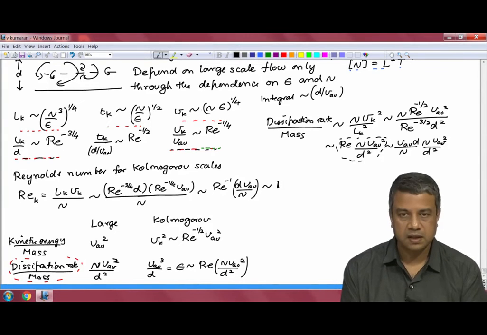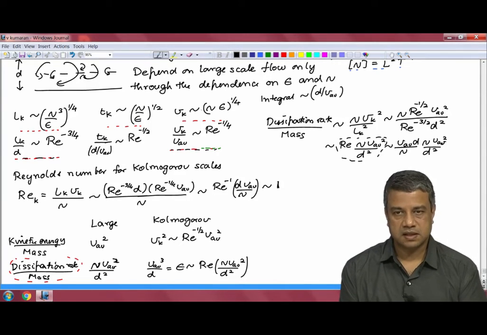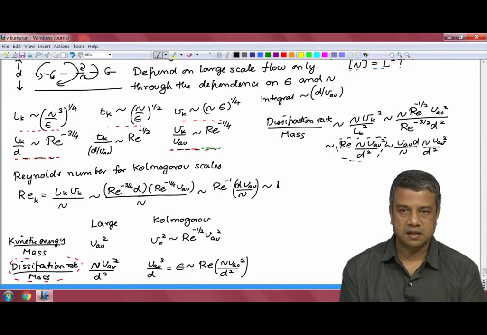Okay. Energy is put in at that large scale. Okay. The dissipation rate at that large scale is much smaller than the energy that is put in. Energy input per unit time is much larger than the dissipation on the large scale.